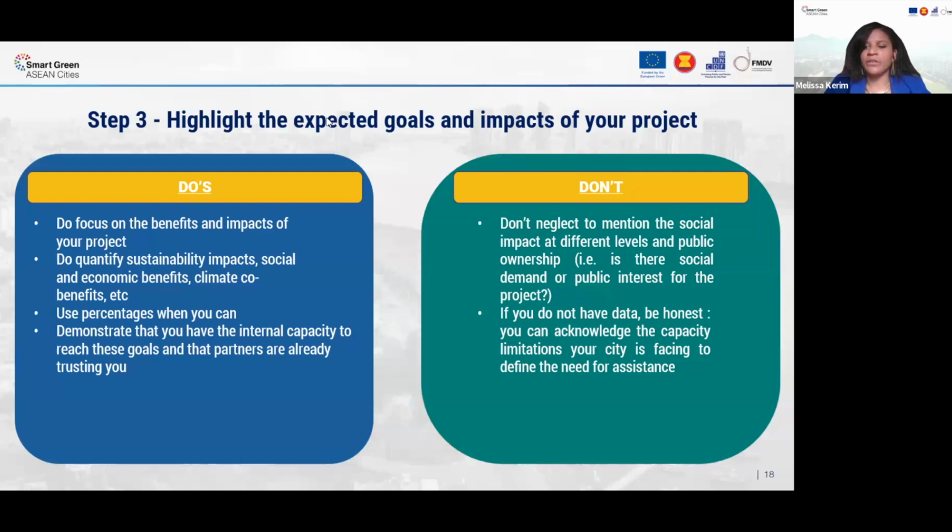Just demonstrate that it will benefit your citizens, but that it will also be aligned with the national priorities and with the global climate and development priorities and agenda. And you need to demonstrate here also that you have the internal capacity to lead such a project, that your team has the expertise and knowledge and potentially past experience, to demonstrate that these projects will finally be implemented, and that the partners need to trust you.